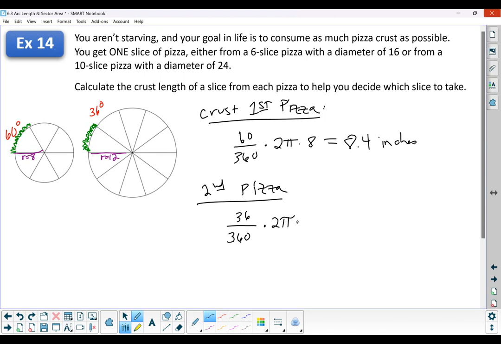And the radius of this pizza is 12. And so we get a crust length of 7.5 inches. So if your goal is to eat as much crust as possible, you would actually want to pick a slice from the smaller pizza. That will give you a little bit more crust.